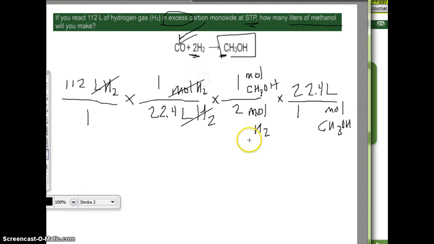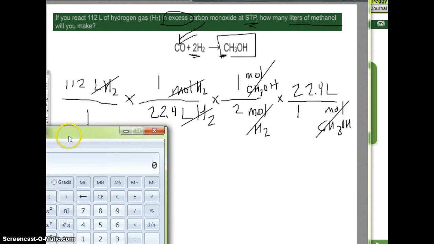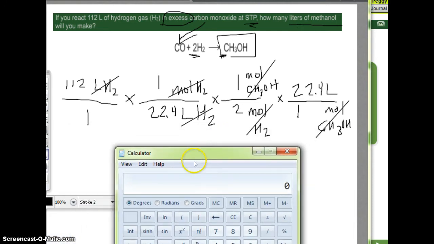Okay, so let's go back, make sure we crossed off liters of dihydride. We changed to the magic of the mole. We did a mole ratio to change to a different chemical. We ended up with liters of CH3OH. Okay, I'm done. I can put it in my calculator. So in my calculator, I'm going to put 112 times 1 times 1 times 22.4, do the bottom, divided by 22.4.